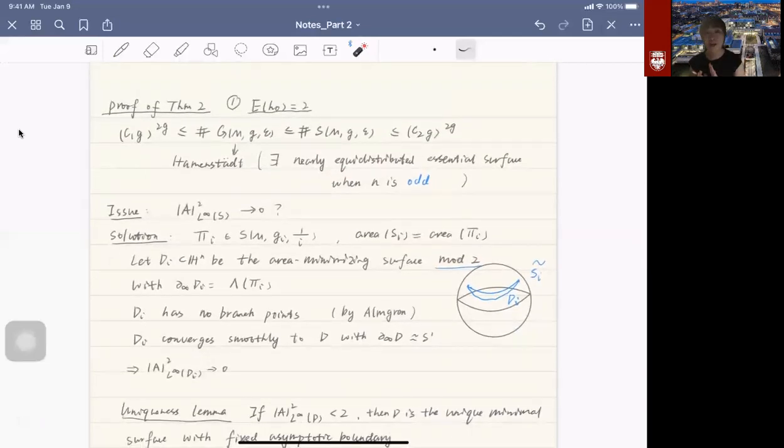Okay, and apart from that, we still have some issues. In Schoen-Yau's existence result, when the dimension is greater than or equal to 4, the area minimizing surface might have some branch points.